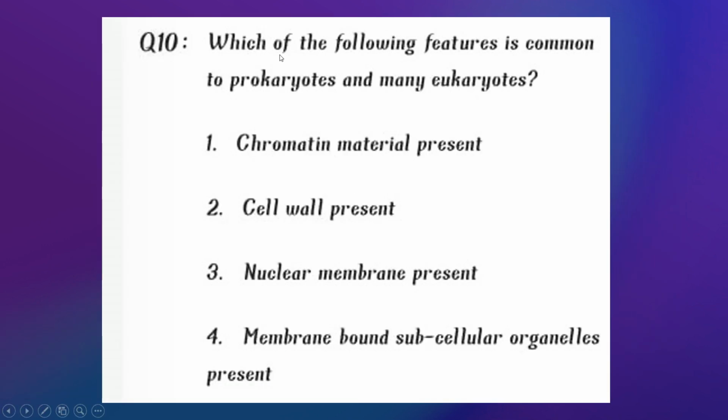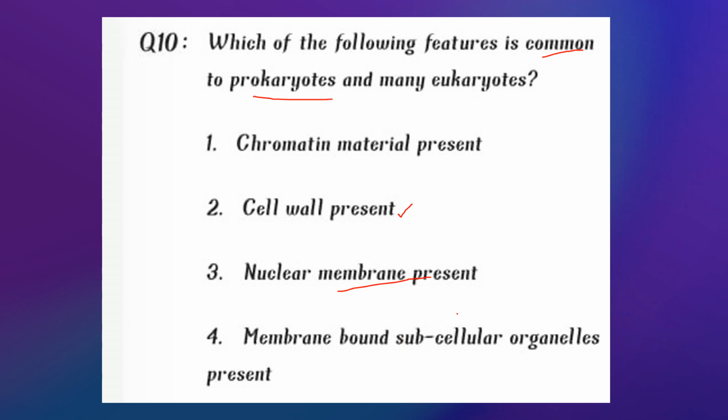Then which of the following features is common to prokaryotes and many eukaryotes? Let's see. Chromatin material present. Then cell wall present. Cell wall is present. Nuclear membrane present, common in prokaryotes?